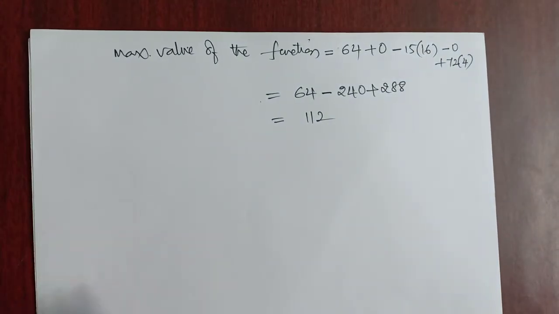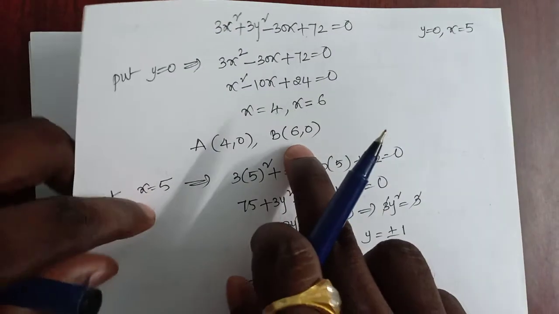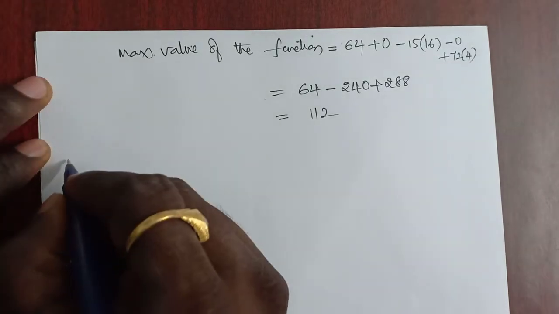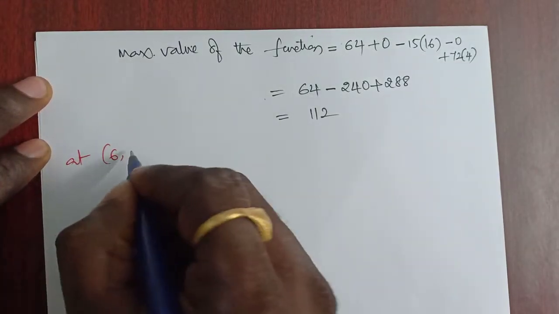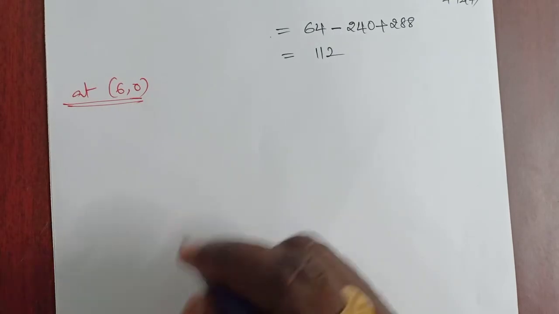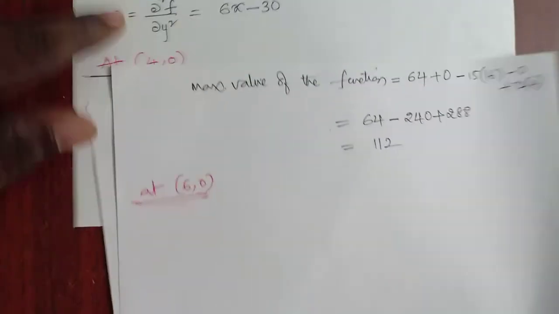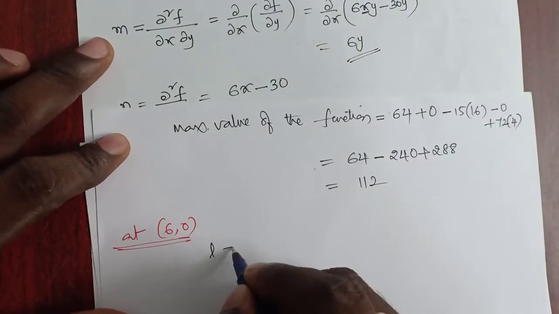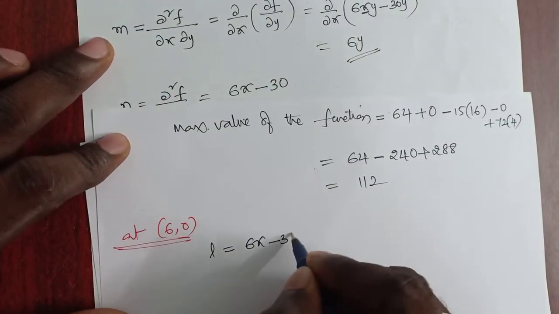Now coming to the second one. So what is the second point? 6, 0. Now we need to check at 6, 0. Now coming to the L. So L is 6x minus 30.